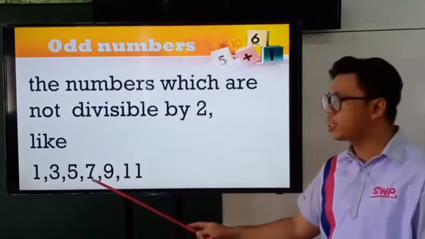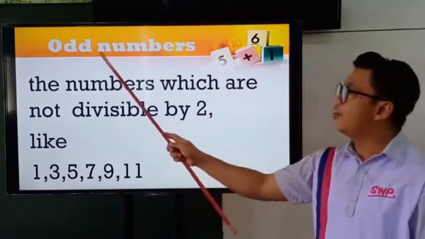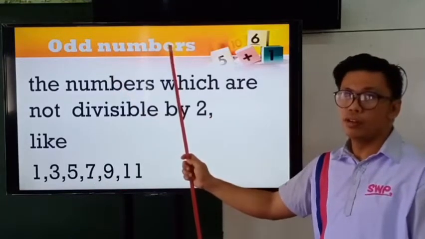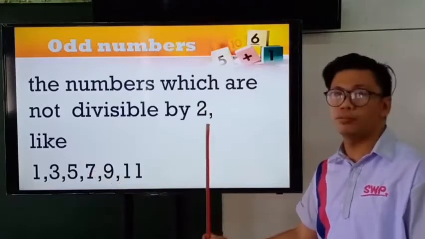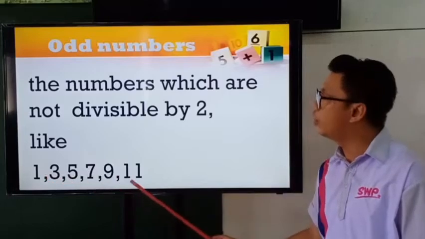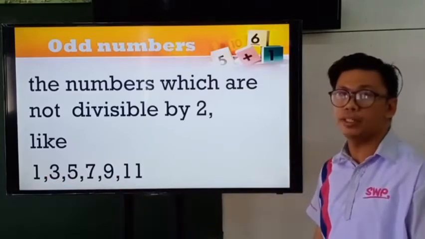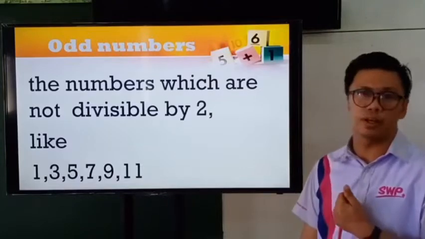Here is another example. 7. Is 7 an odd number? Yes, because 7 cannot be divided into 2. So that is the example of odd numbers. Always remember that.